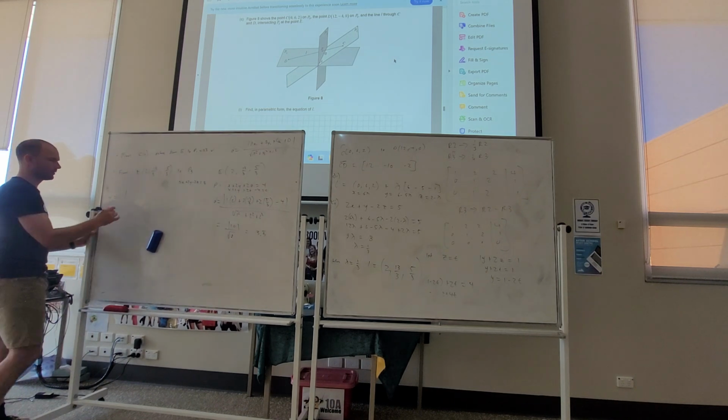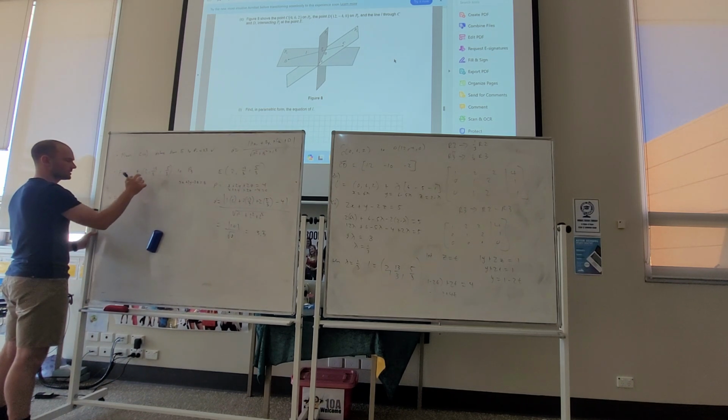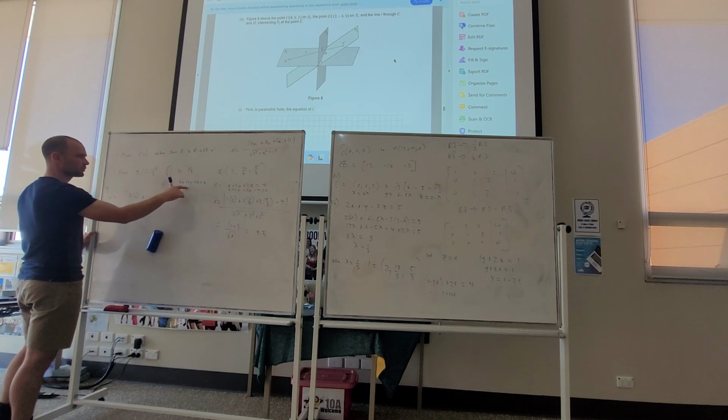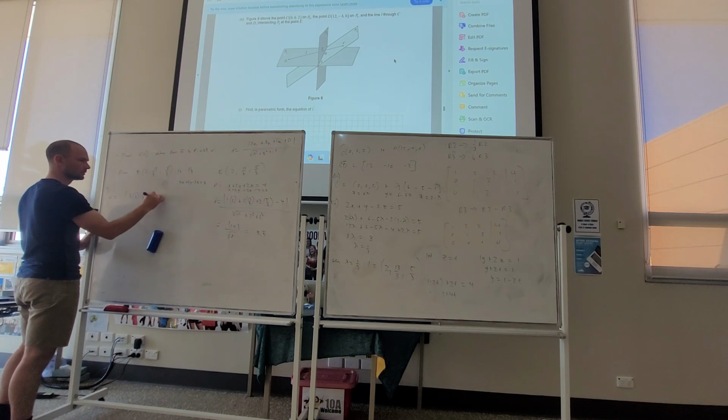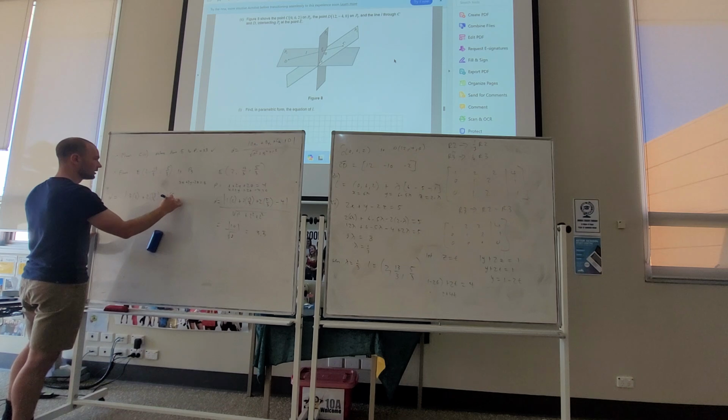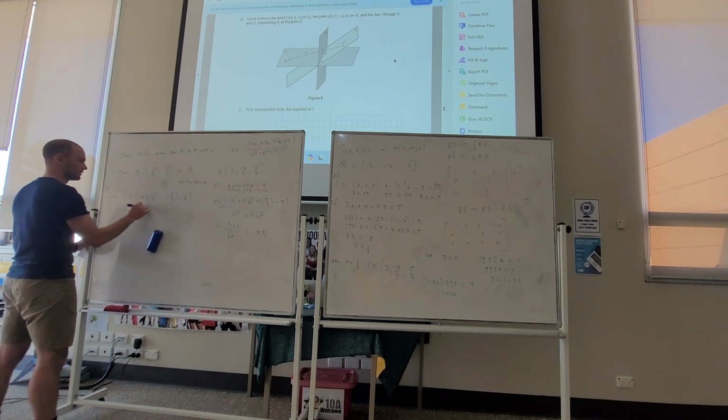We have the modulus of 3 times the x value plus 2 times the y value, and then take 2 times the z value, and then take 8.